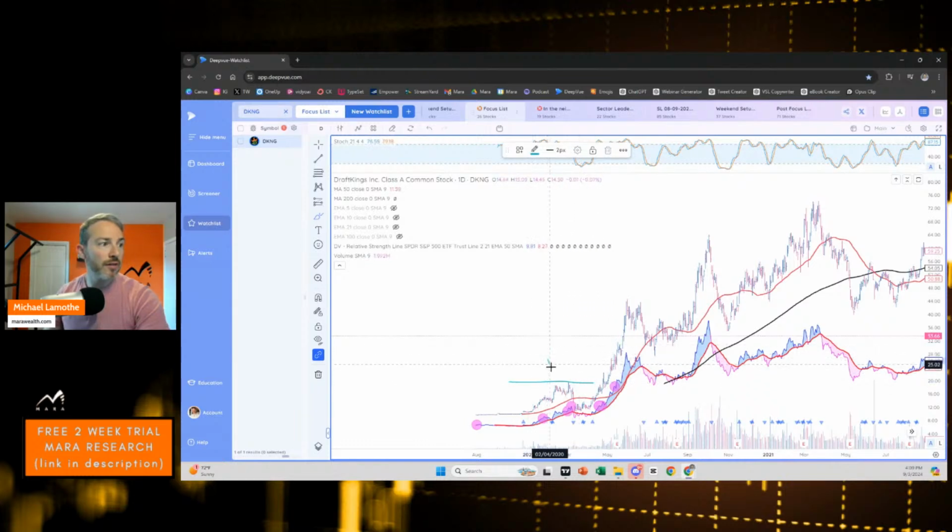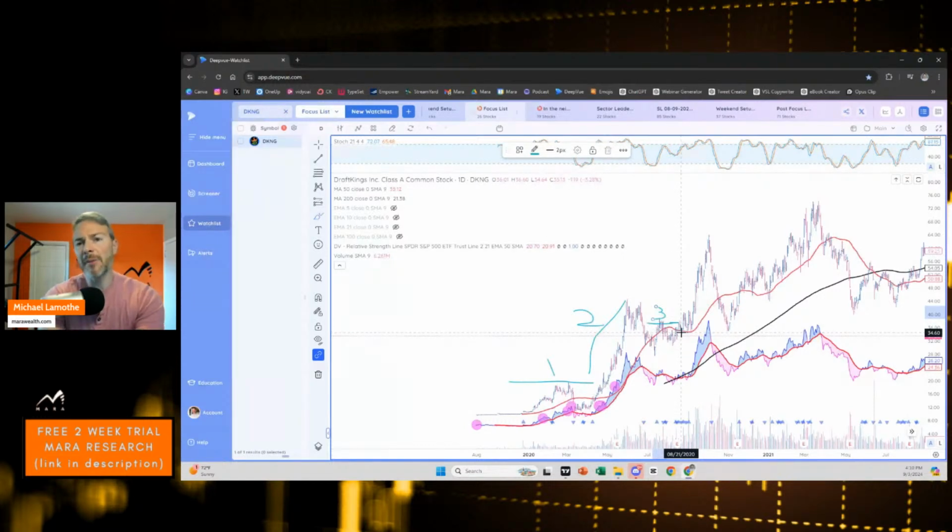So let's call this stage one. When you're up like this, that's definitely stage two. Over here, you're starting to question whether this is stage three, right? Because price is starting to move sideways. You're above the moving average, you're below the moving average. Now the moving average is starting to roll over a little bit, but you want to pay attention.